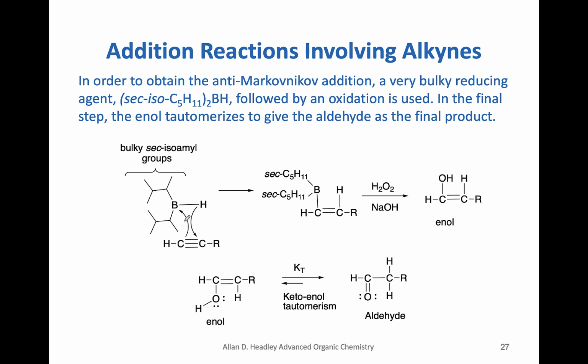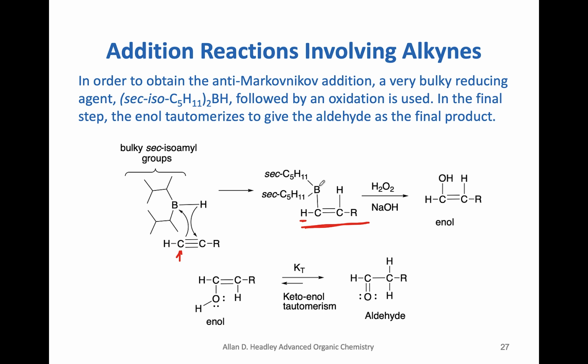So this addition here is essentially 100% to give this as the addition of this bulky borane here, where this bulky group adds to this carbon because it's just hydrogen, and the hydrogen adds to this carbon, so there's less steric interaction at this end compared to if it were added at this end or the reverse.